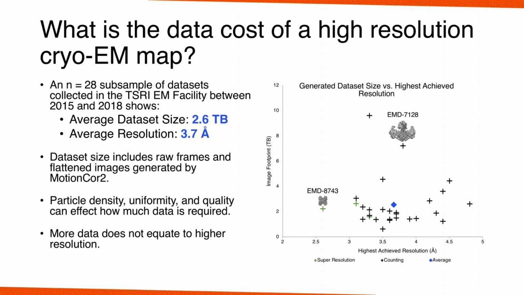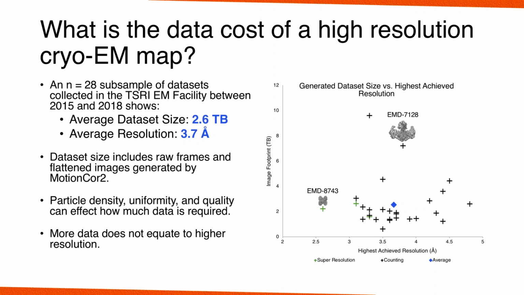So to start to address this, I actually did some math and made some calculations here to try to share this, right? I took 28 data sets that were collected in the EM facility here between 2015 and 2018. And they're plotted here as a total image footprint. So that includes the size of the raw frames, flattened images, and generated images from OceanCore 2.